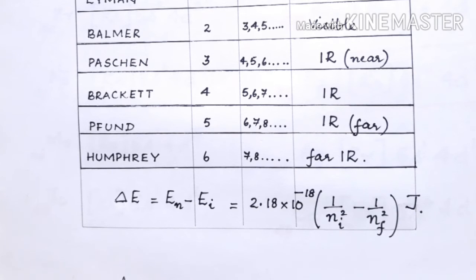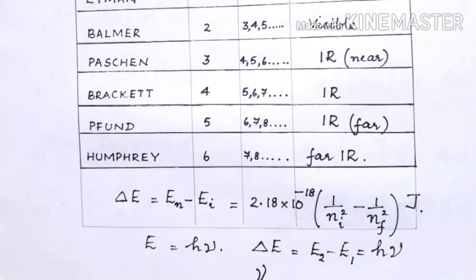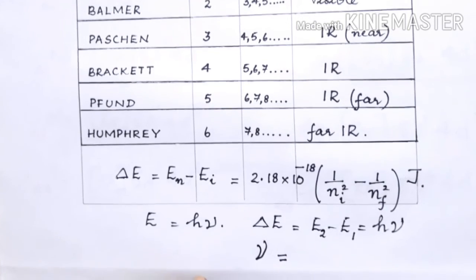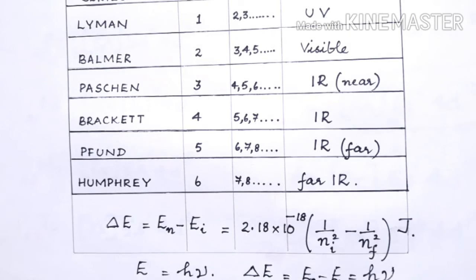We also know the fact that E is equal to h nu. So delta E is equal to E2 minus E1, which is equal to h nu, from which we can calculate the value for frequency. Nu is equal to delta E divided by h, where h stands for the Planck's constant.